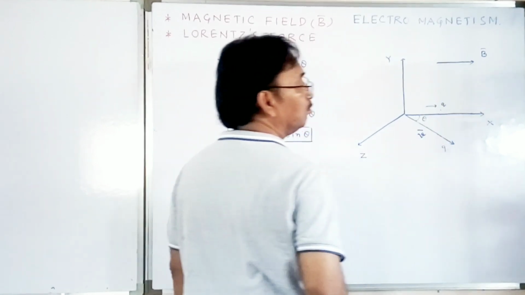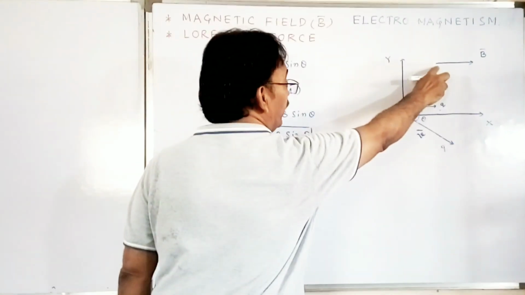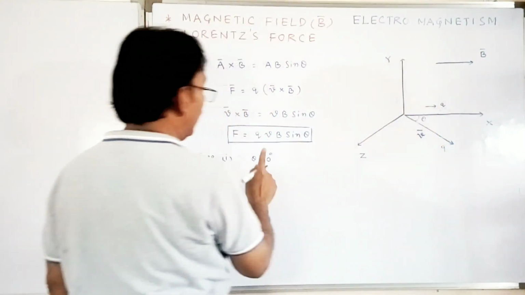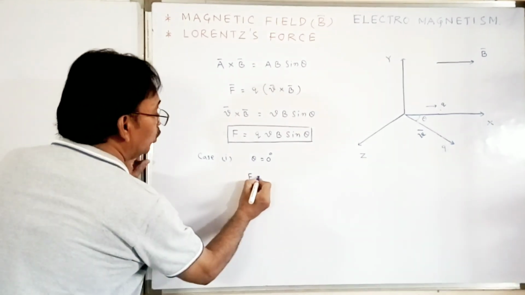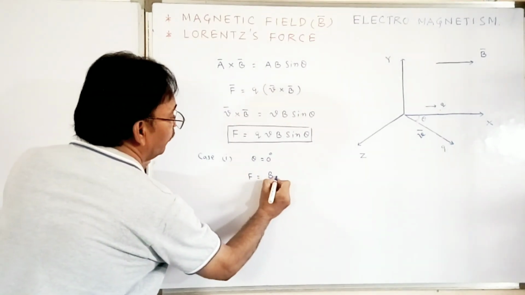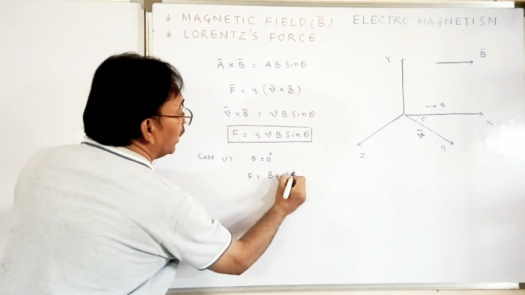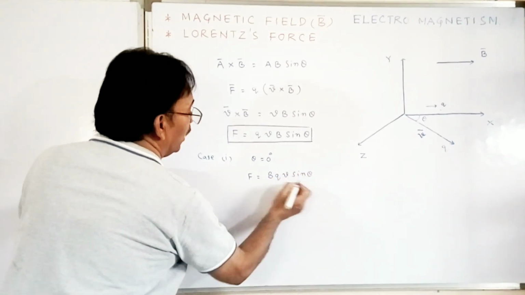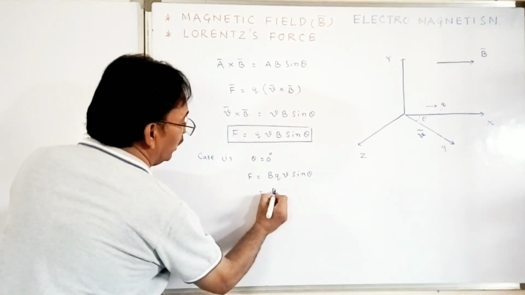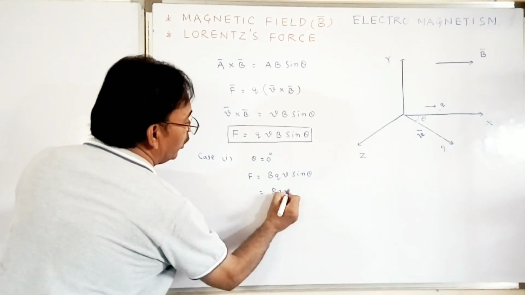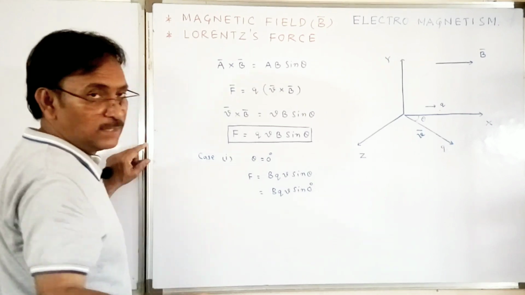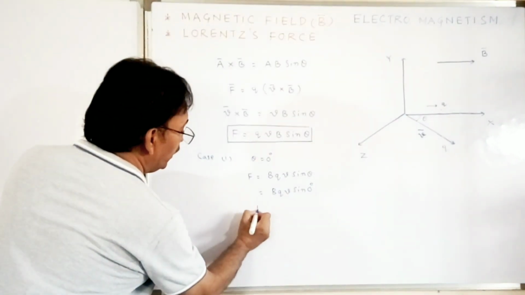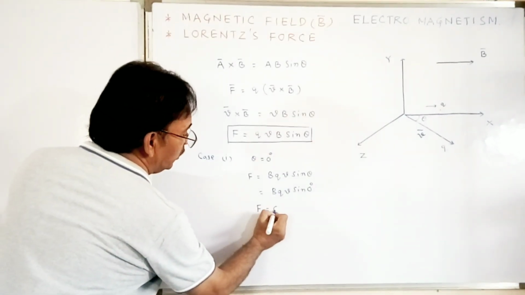Then the angle between B bar and the velocity is 0. Then F is equal to BQV sin theta, with theta equal to 0, so BQV sin 0. You know that sin 0 is equal to 0. That is, force is equal to 0.